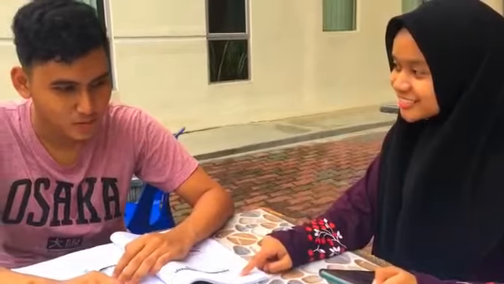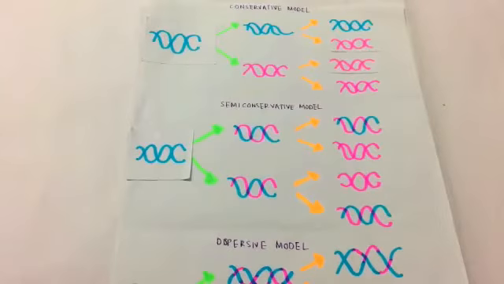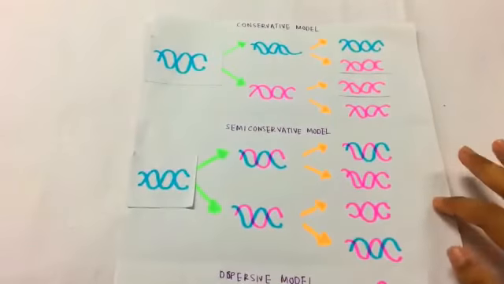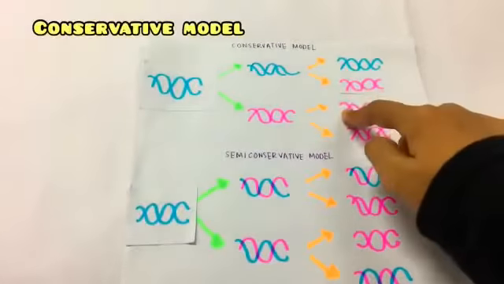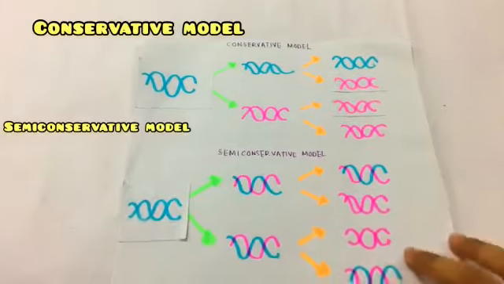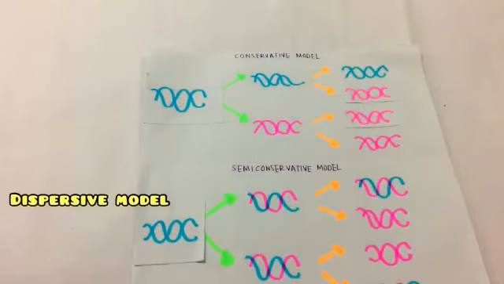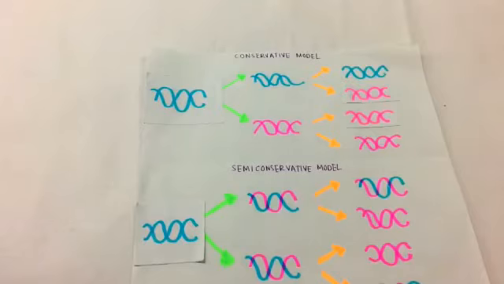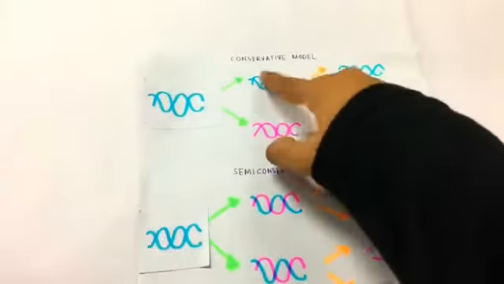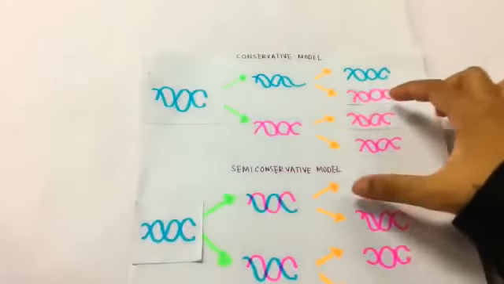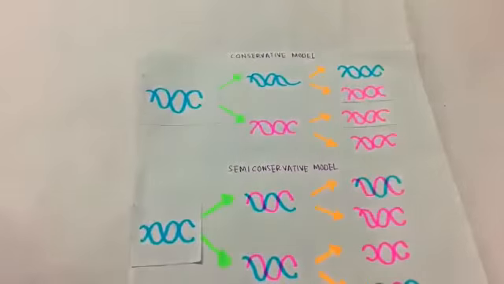Yes, thank you. Okay, in this video, there are 3 alternative models that you need to know. First, conservative model, semi-conservative model, and dispersive model. Okay, for conservative model, the parental double helix remains intact and an all-new copy is made.